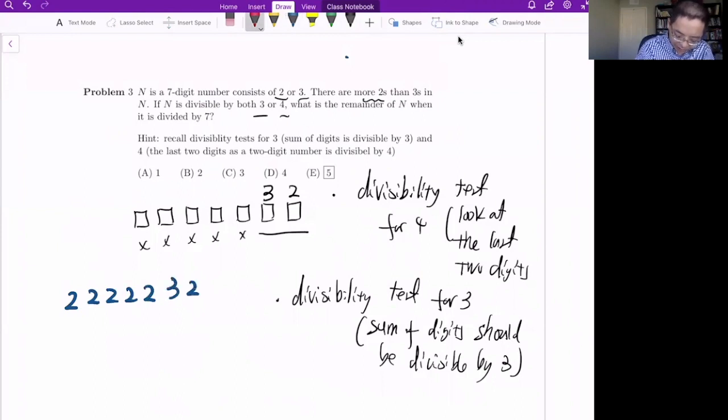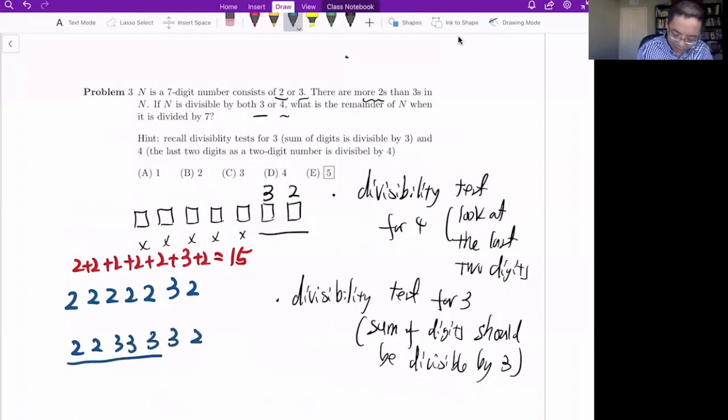If you add those digits together, 3 plus 2 plus ten 2's, this is 15, which is divisible by 3. Now, if you only care about divisibility by 3, there are other options. You can also do 2, 2, then 3, 3, 3, 3, 3.